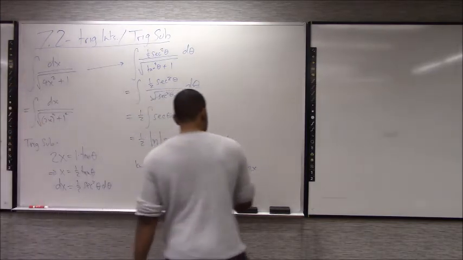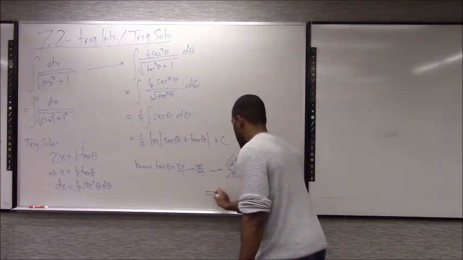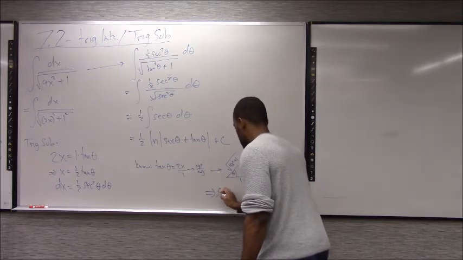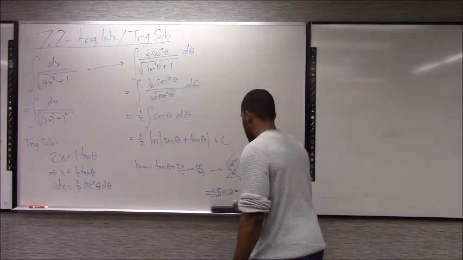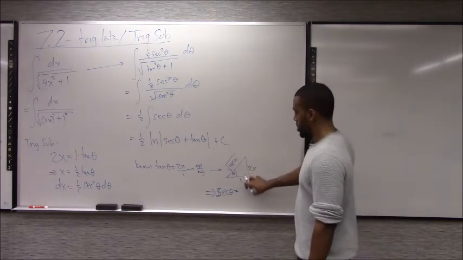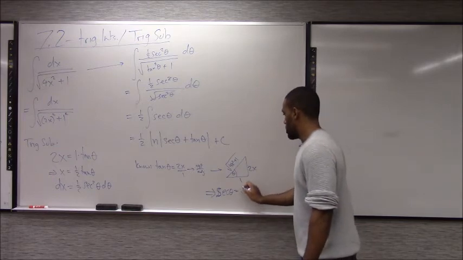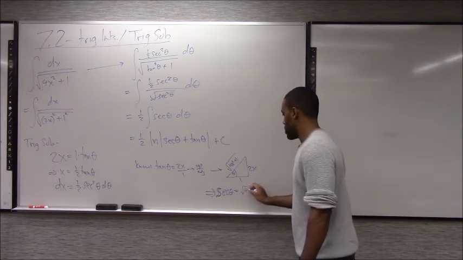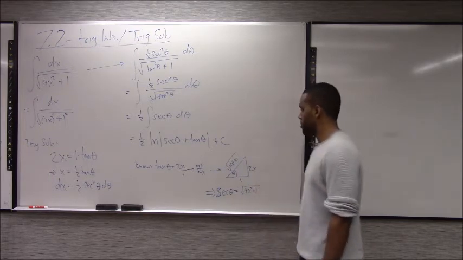And so from that, I could figure out secant. Secant is just hypotenuse over adjacent. So that's the square root of 4x squared plus 1.